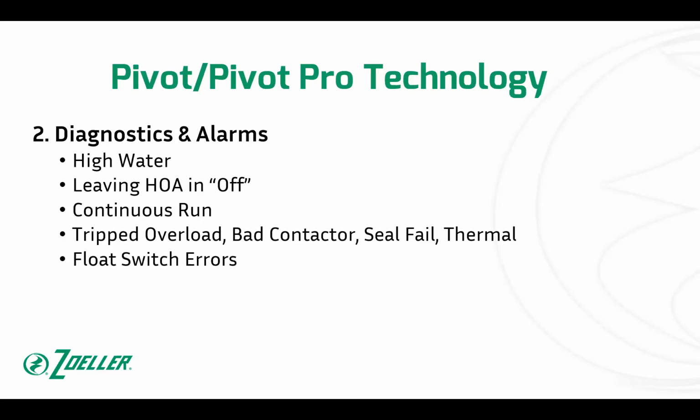We're also able to monitor the overloads and the contactors. We're looking at the seal fails and the thermals. All those kinds of things are always being monitored and will be reported in a split second if anything's wrong. And when somebody sets up a panel and the floats and the pumps, and they do it, I'll just say, using air quotes, incorrectly, that doesn't show itself on traditional panels necessarily right away.